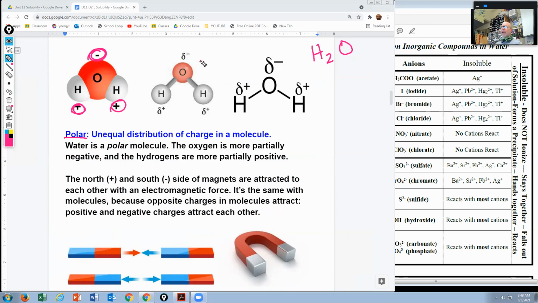This side is partially positive, using the Greek delta, and this side up here is partially negative. Oxygen holds the negative, the hydrogens are more positive. And so that allows water to rip things apart.